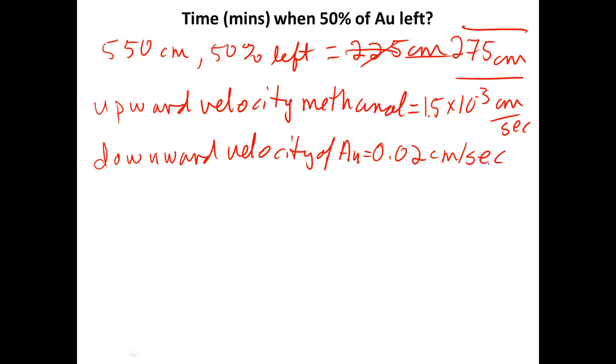So these are conflicting. The methanol's flowing up, the gold is flowing down. So we have to get a net velocity of our particles.